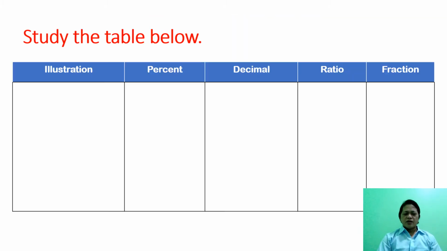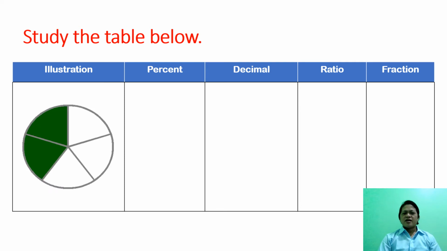Study the table below. The columns show the relationships of percent to fraction, decimal, and to ratio. Are you ready now? Okay. So what is it in percent? Very good. It's 40%. What did you do with the denominator to make it 100?